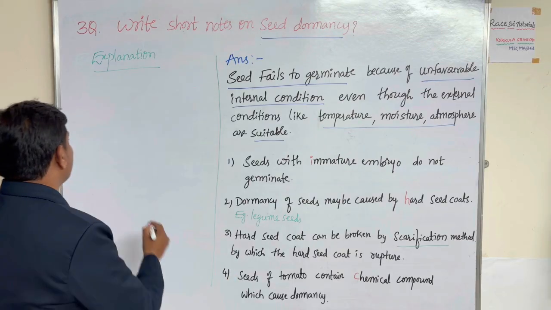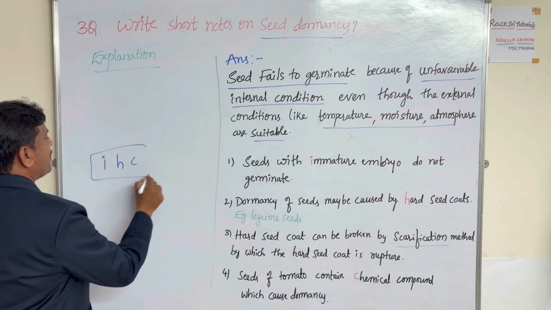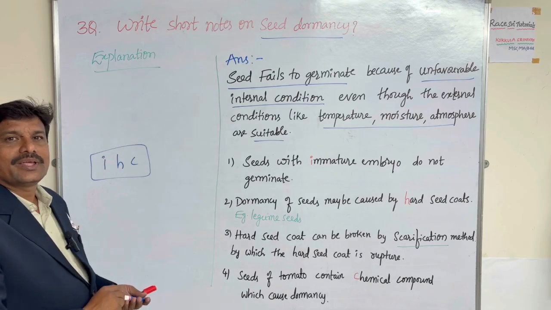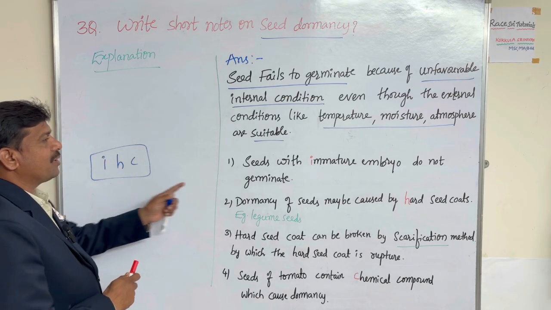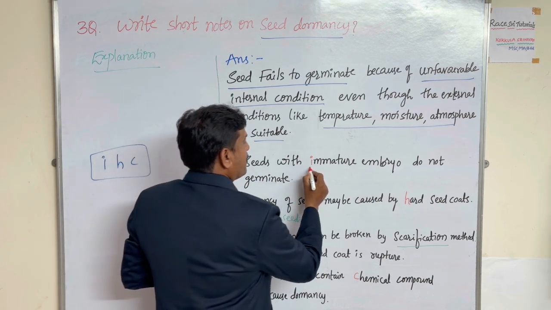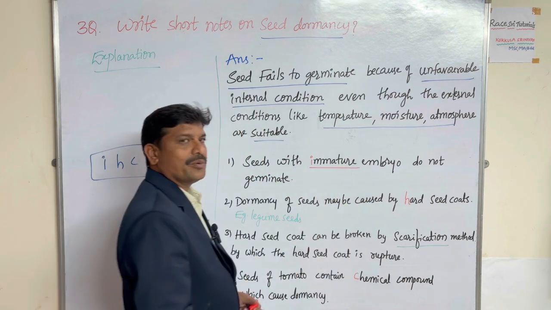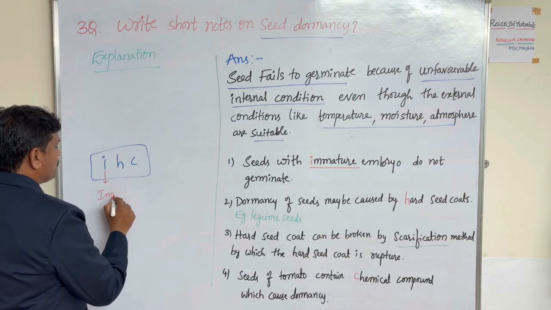I will give you a very simple psychological clue: IHC. If you know this clue, you can easily catch it. What is IHC? I is for immature embryo. See here, I put a red mark on immature embryo.